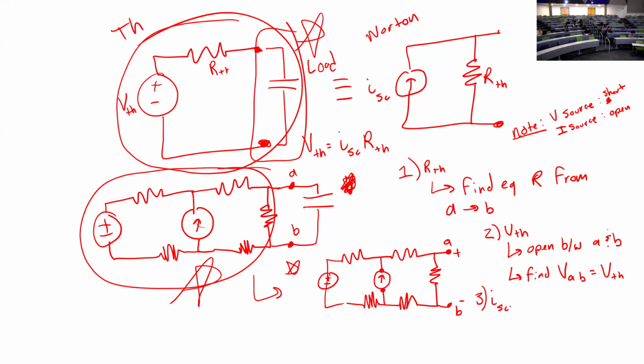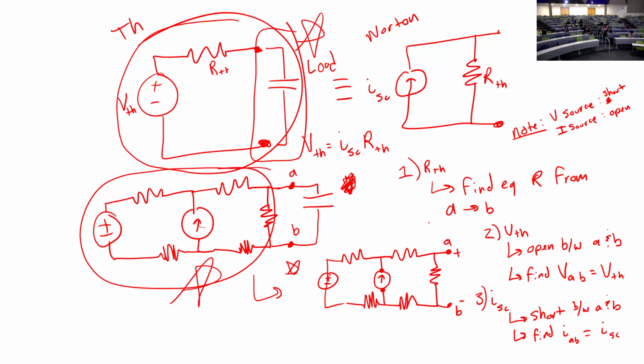One is the time derivative of the exact opposite, right? Here, to find Thevenin, we found an open between A and B. Here, we're going to short between A and B. And then you find the current through that. So the I in that wire AB is equal to I short circuit.